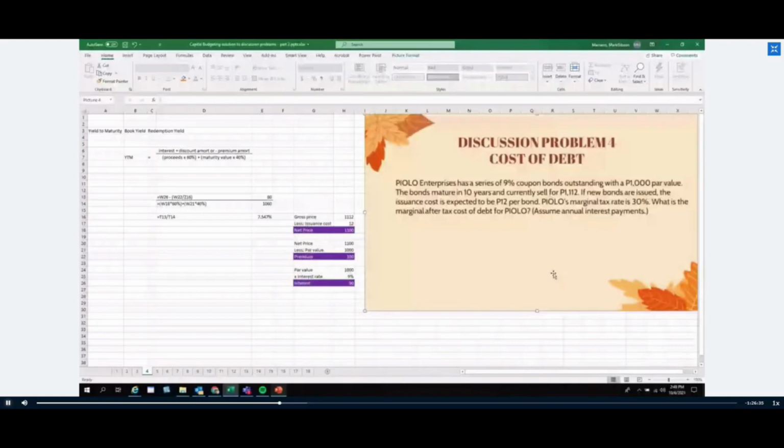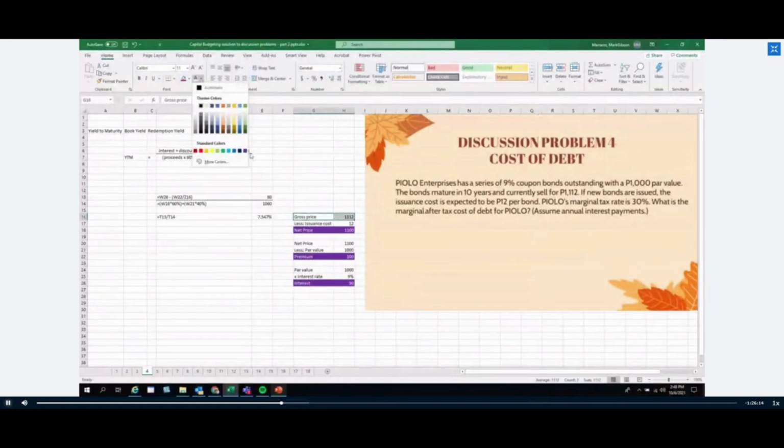So sabi, we have the 1,000 being the par value. So okay tayo dyan. And then maturity of 10 years, currently sell for 1,112. So ito class, itong gross price natin 1,112 compared with the par value.